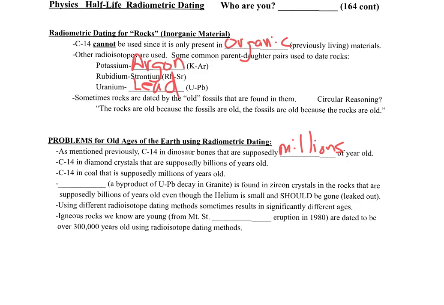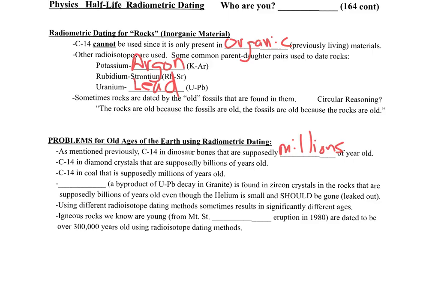They find carbon-14 in diamond crystals that are supposedly billions of years old. They find carbon-14 in coal that's supposedly millions of years old. How is there carbon-14 in any of these things if they're millions of years old? Because after 50 to 100,000 years for sure, there should be no detectable carbon-14. It breaks down into its daughter products.